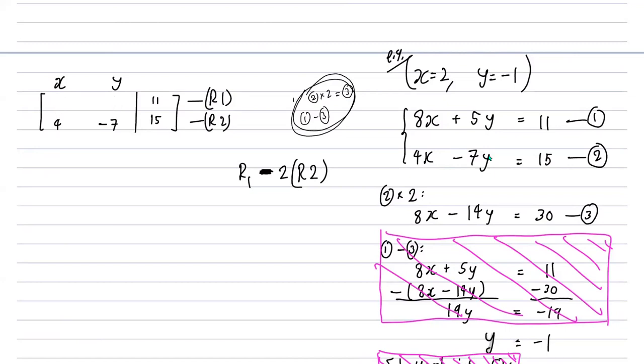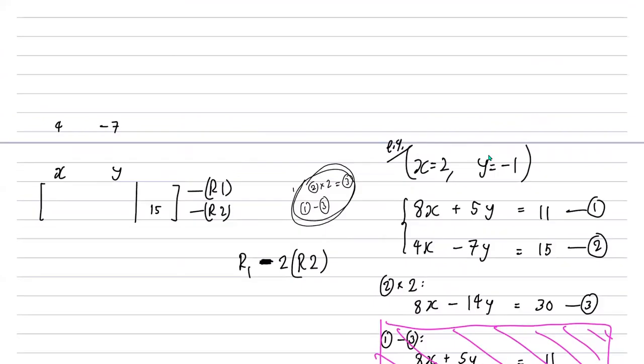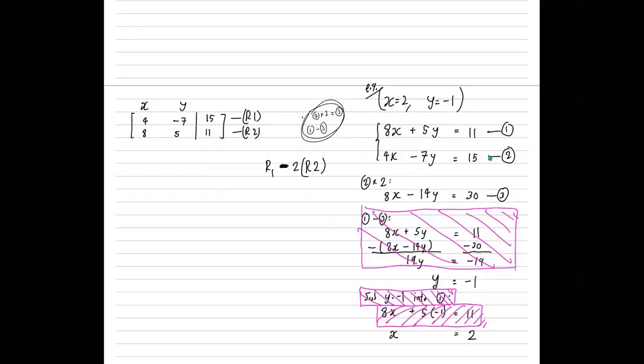I'm going to swap the order. 8, 5, 11. I'm going to bring it to the bottom instead. And then I call it row 1, row 2. Oh, that's very messy.